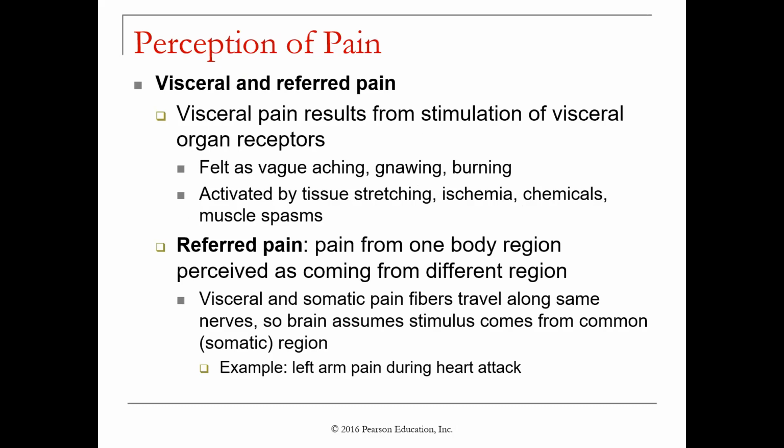Pain also comes in visceral pain and referred pain. Visceral pain comes from the viscera. That's why they call it visceral pain. Our muscles hurt. That's visceral pain. You have exercised or done a lot of work and your muscles are sore.